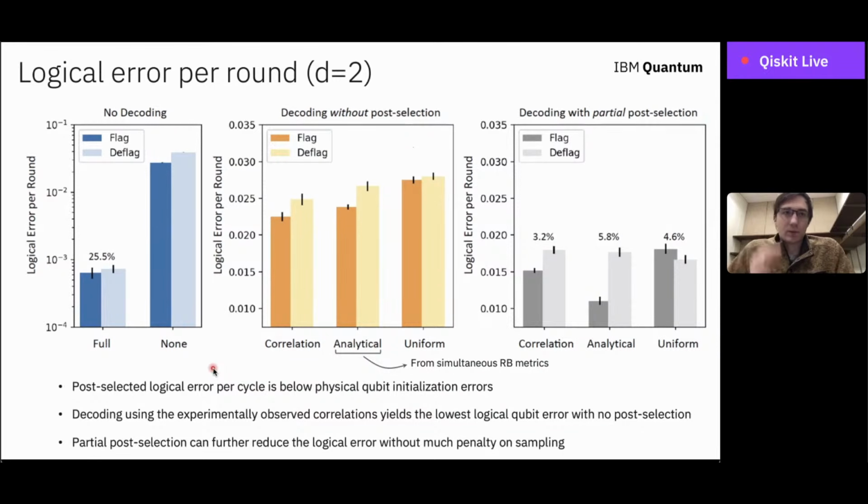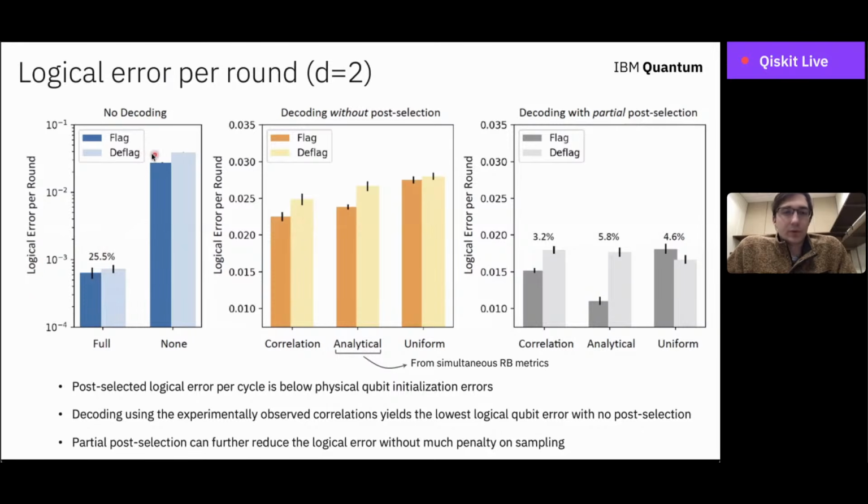So that's what this slide is communicating, our final results for the d=2 code. On the left, there's no decoding, and there's either full post-selection or no post-selection. The percentage here is how many experiments are thrown out due to the post-selection. So here we throw out like 25% of the experiments if we do full post-selection.